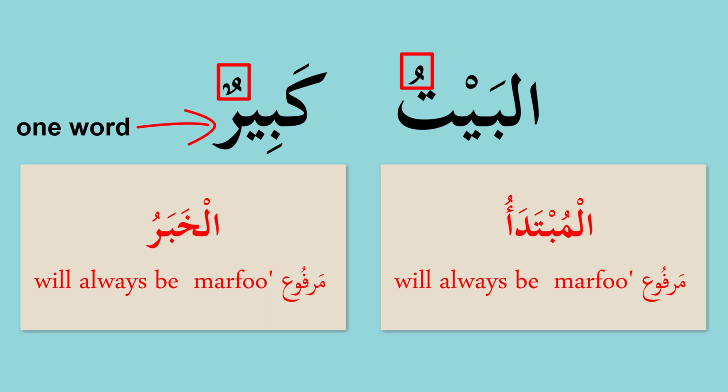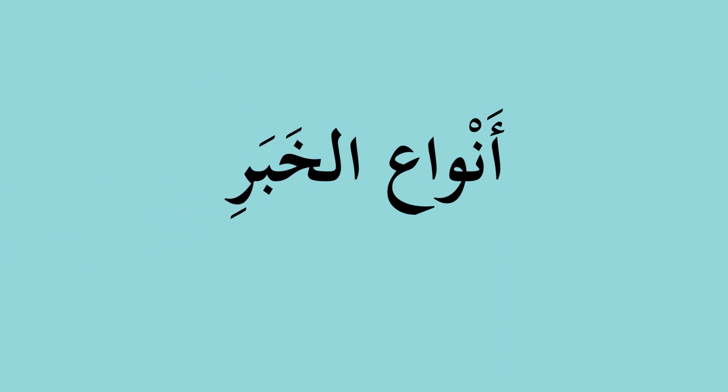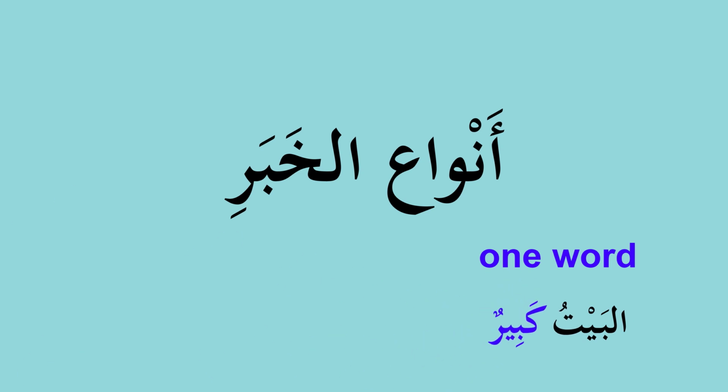Khabar is only marfu if it is one word. And there are different kinds of khabar. It will come slowly, and when they come, I will be pointing out to you. Brother, the first form of khabar is if it is one word, it is marfu.